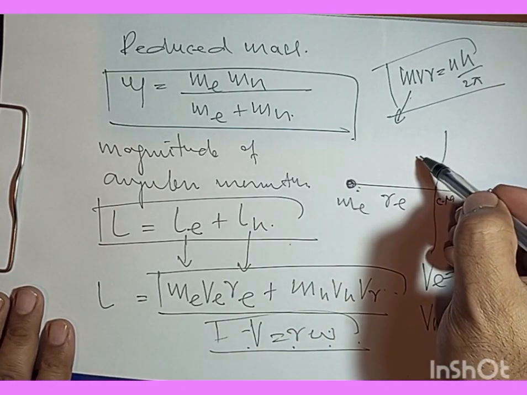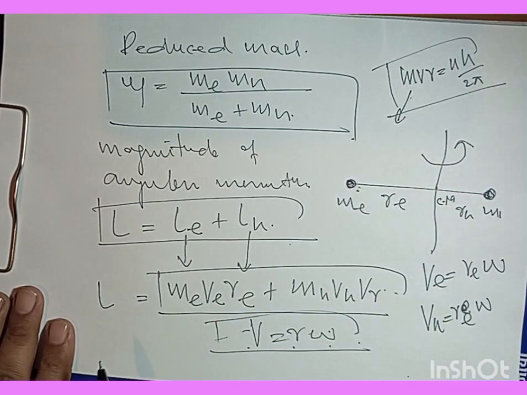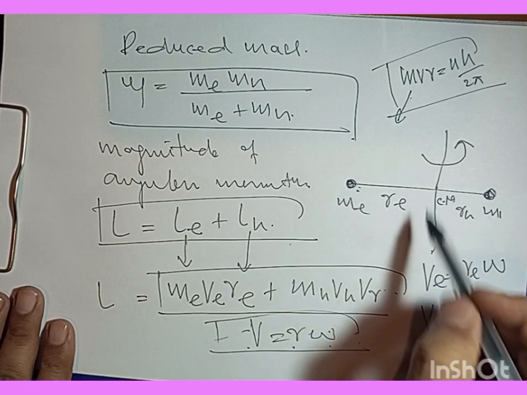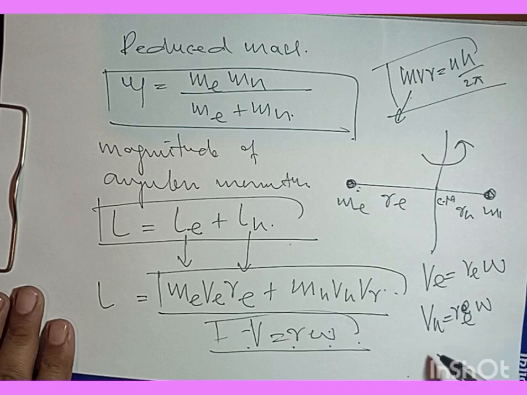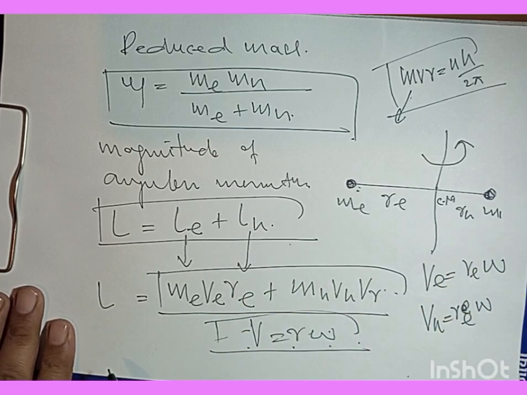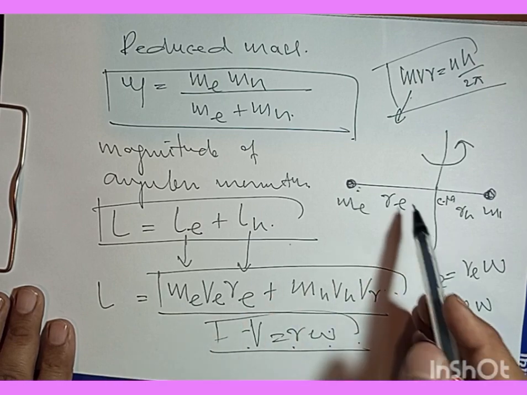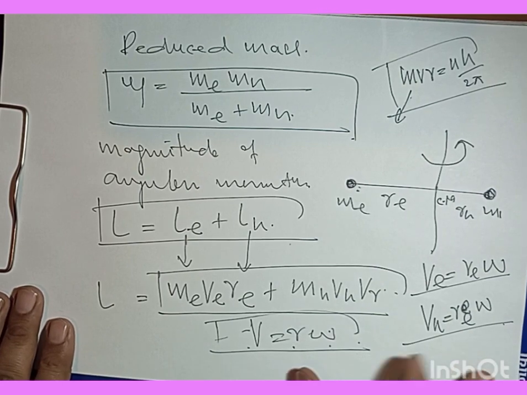And we should understand that the angular velocity is not going to change. Omega will remain the same for this kind of rotation with respect to the center of mass for both the electron as well as the nucleus. But certainly their linear velocities will have different values depending on the separation from this center of mass. So I would like to introduce this Ve and Vn in this equation.